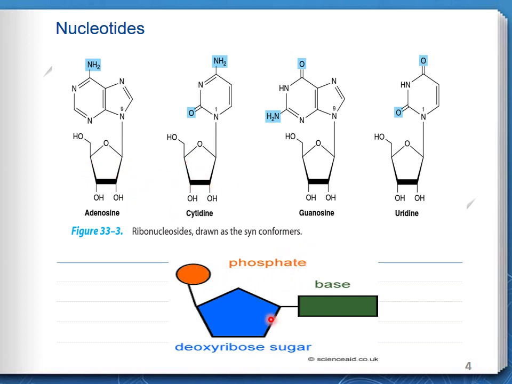If the base is conjugated with only sugar, we call it a nucleoside. And when the nucleoside is conjugated with a phosphate group, it gives us a nucleotide.